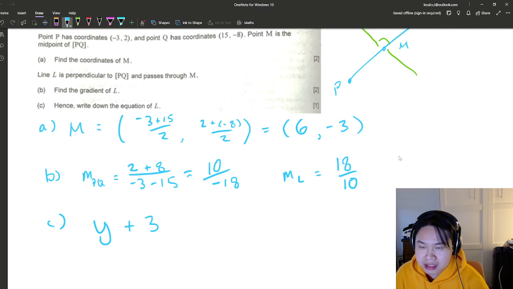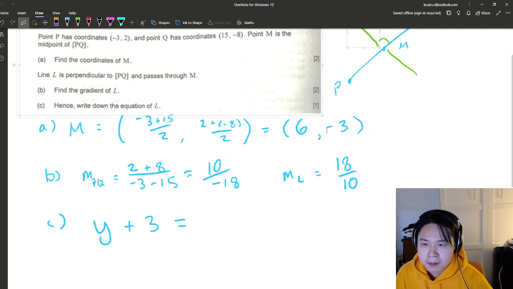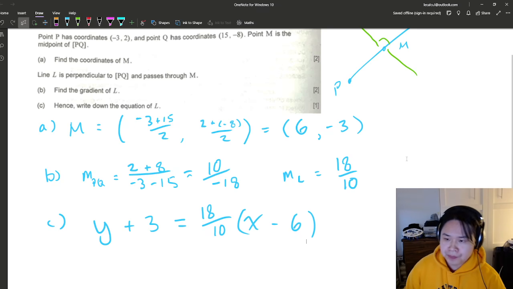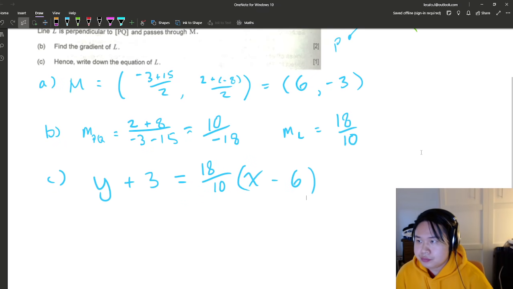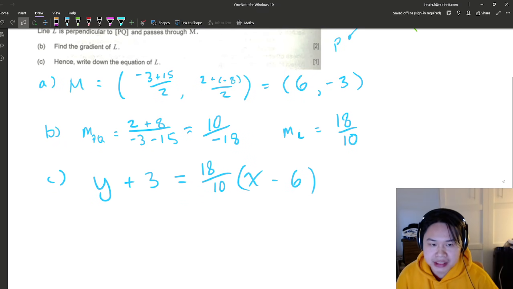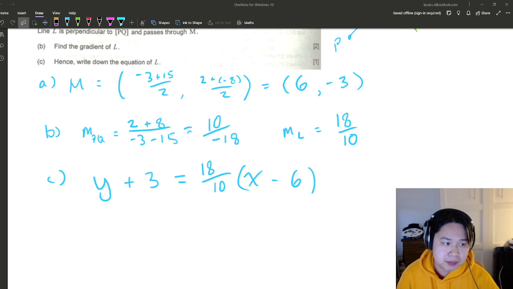So this is just y minus the y value of a point on the line, so I'm using M. And then it goes gradient bracket x minus the x value of M. Yeah, pretty easy. I think that's a very good first question to make people feel better about themselves.